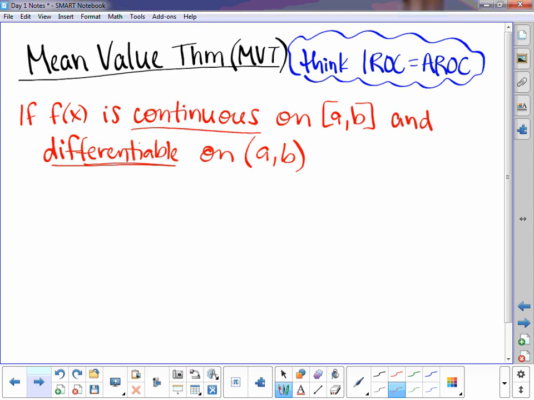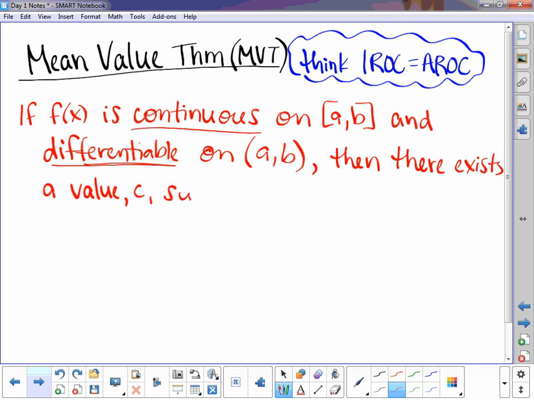So for any function that meets those two requirements, then it must follow what we're about to write. So if f of x is continuous on the closed and differentiable on the open, then there exists a value c such that, once again, c falls within that open interval, such that a is less than c, which is less than b.